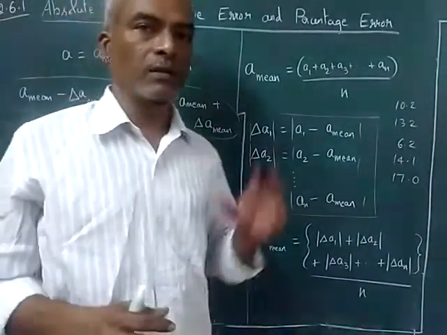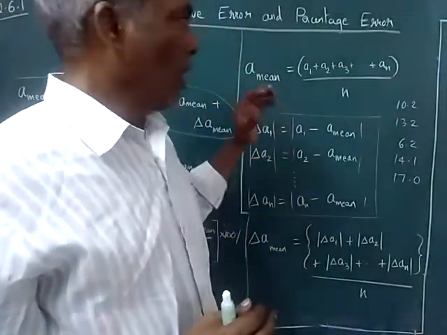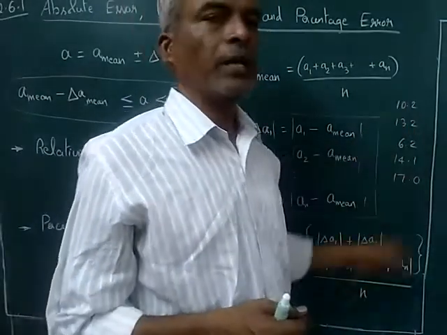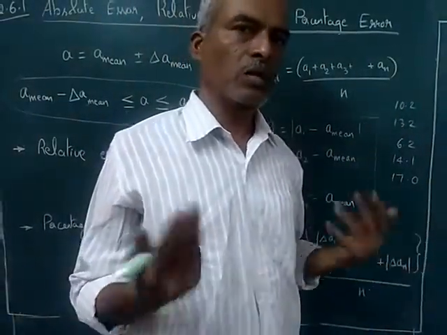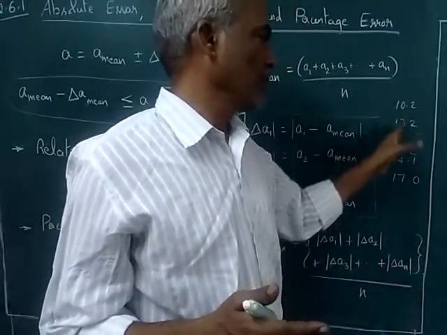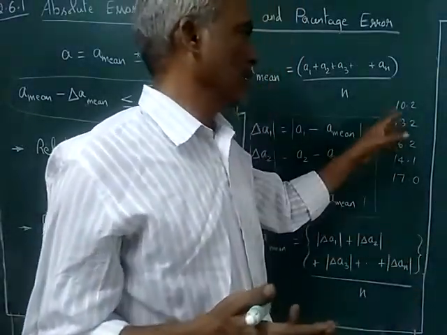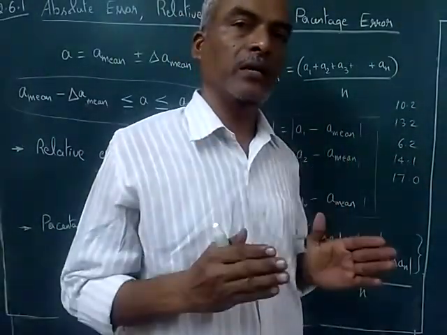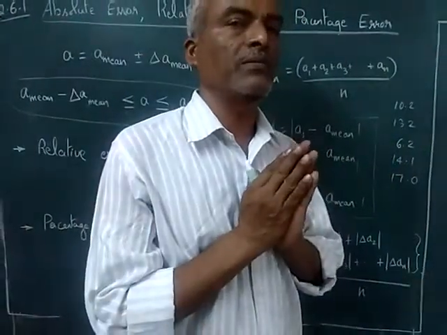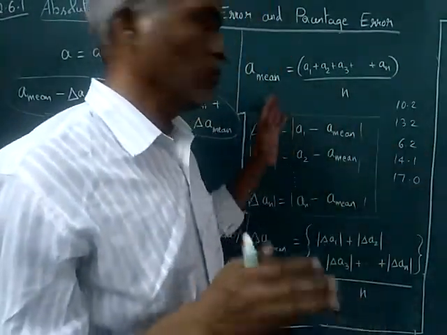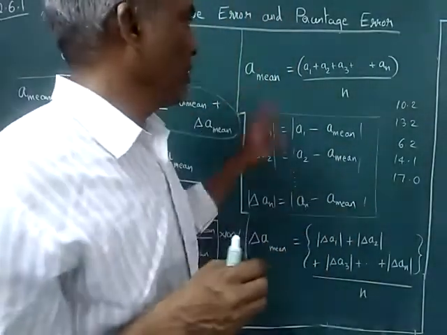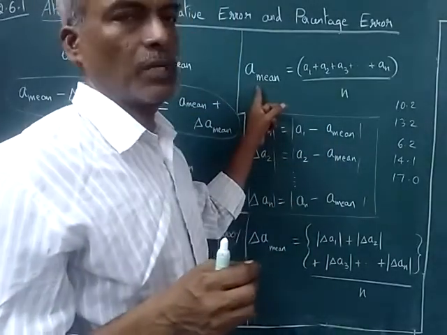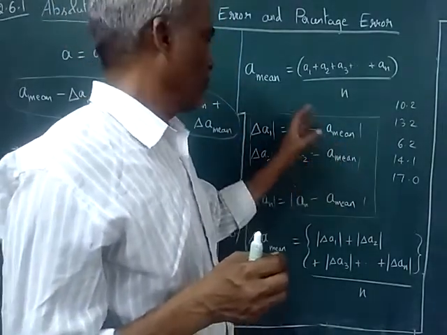But once again I repeat what we have covered in this topic. Suppose we are doing voltage measurement or temperature measurement, whatever it may be. Suppose I am taking 5 readings. In that case, you add all the 5 readings and divide by 5. If you take 10 readings, you add all those 10 readings and divide by 10. That will give the average value. Then the individual measurement, for example 10.2, minus A mean, this average value: you subtract and take the modulus.